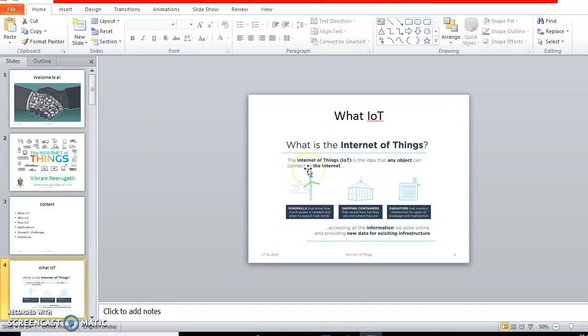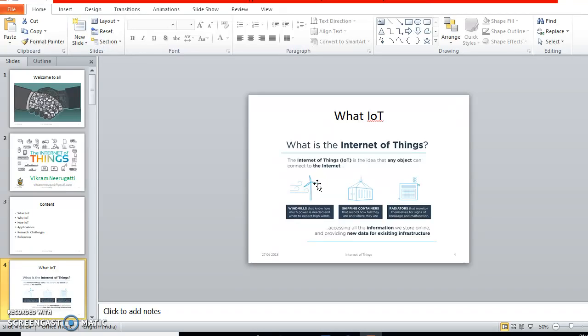IoT is an idea that connects any object to the internet. That's it. Any object means things around us like a key, a chair, desk, bench, a plant, a human being, anything which exists in the universe can be connected to the internet by providing a unique IP for each and everything.